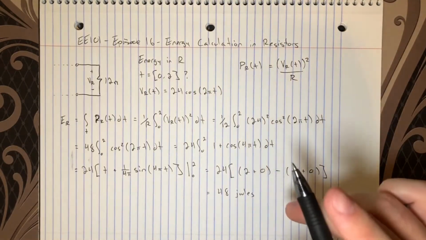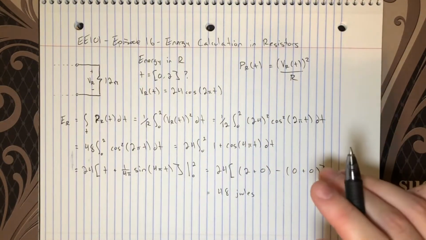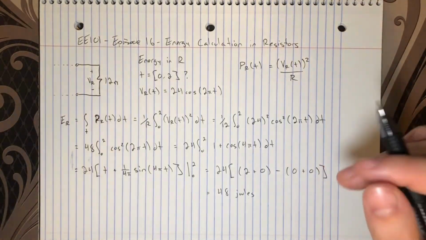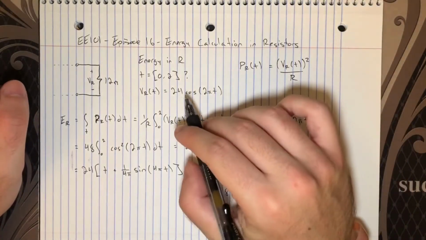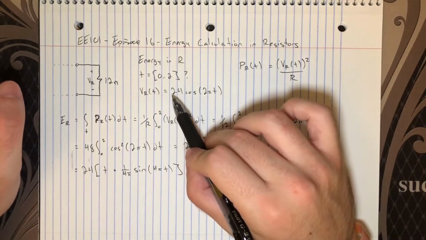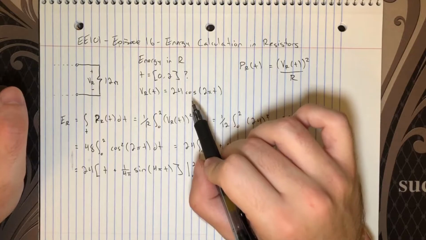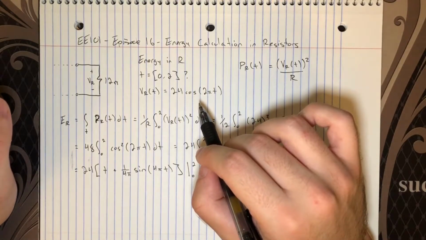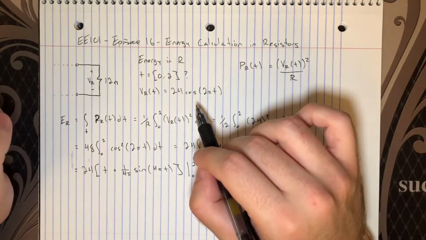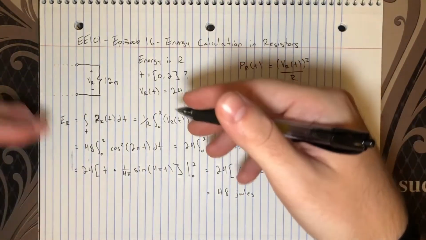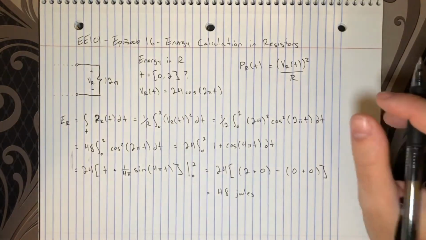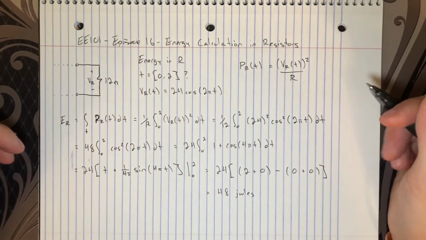Now this is an interesting moment where I can allude to something I'll talk about in another video. If you think about what this voltage function looks like in time, you might be concerned about how the current or voltage polarities make sense with our rules for power consumption in resistors.